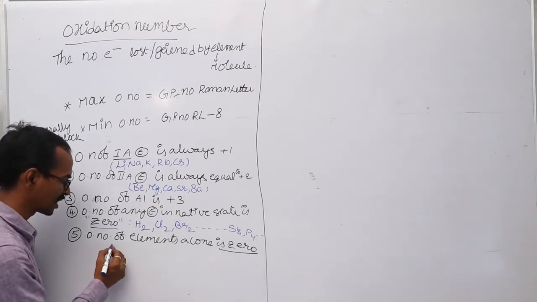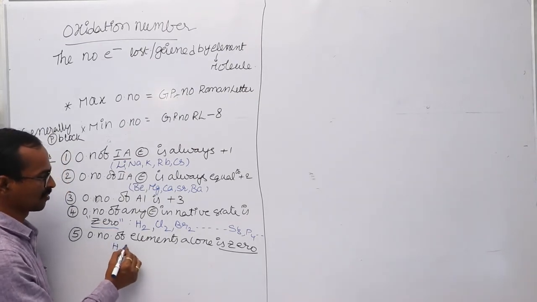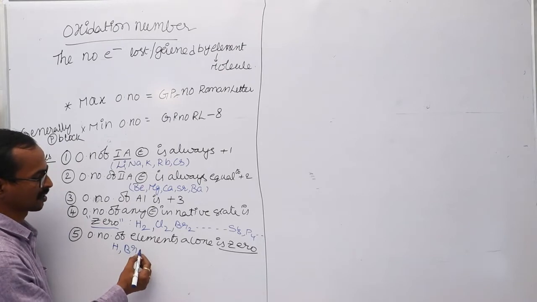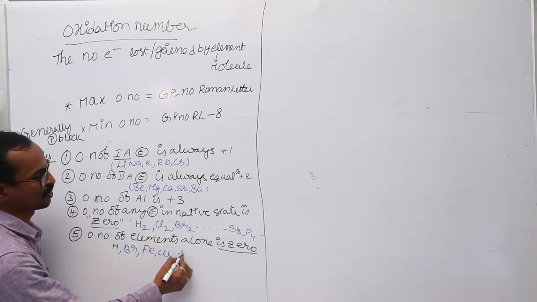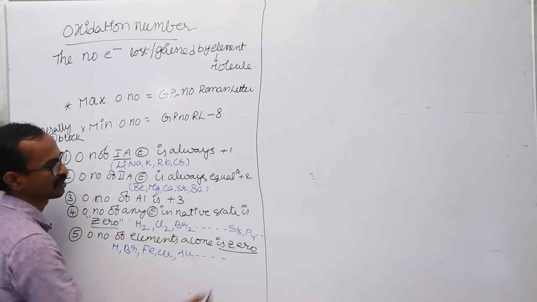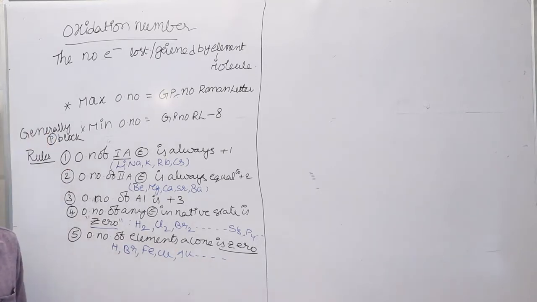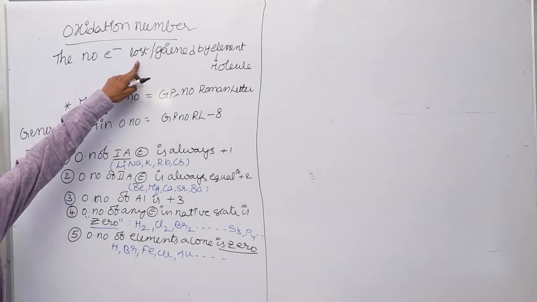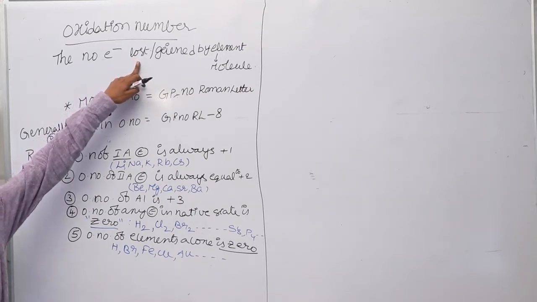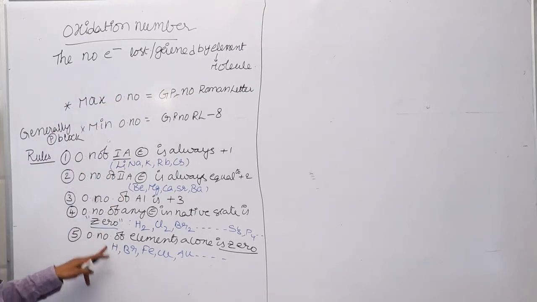For example, if I write H, Br, Fe, Cu, Au, then the oxidation number is equal to 0. If a single element is there, nothing is there to take or give the electron. So if nothing is there in the bond formation, the oxidation number is equal to 0.